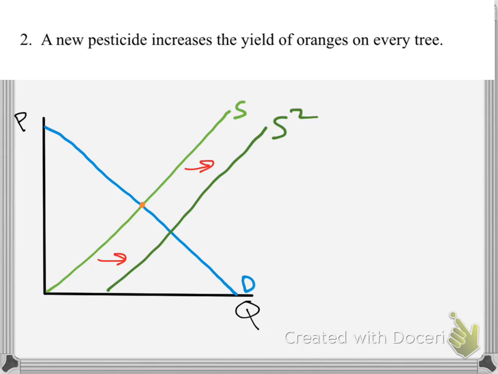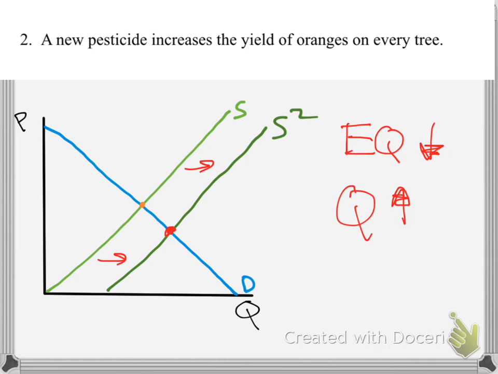So what happens? Well, over time, the new equilibrium point would be here, where supply equals demand. And where is that relative to the original equilibrium point? Well, it's below it, right? So our equilibrium price is lower than the original. But what happens to the quantity? That actually increases. Why?